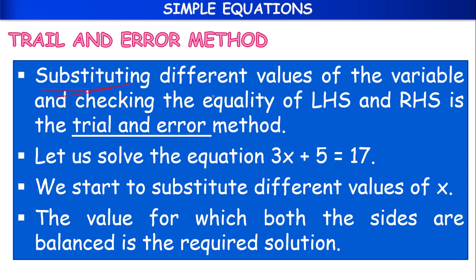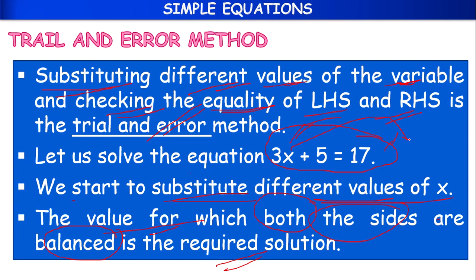Okay, children, substituting different values of the variable and checking the equality of LHS and RHS, this method is called the trial and error method. Suppose we have the equation 3x plus 5 equal to 17, so we start to substitute different values of x. The value for which both sides are balanced, or both sides we get the same value, is the required solution.